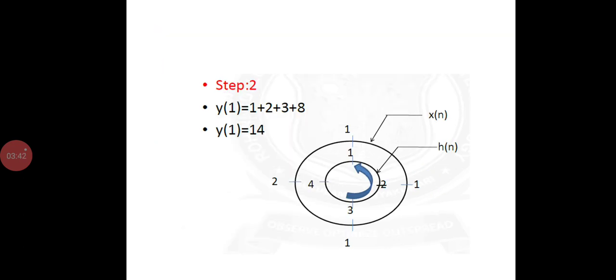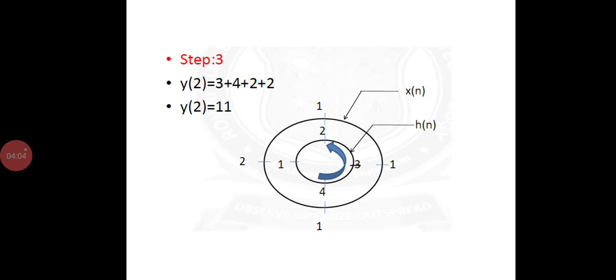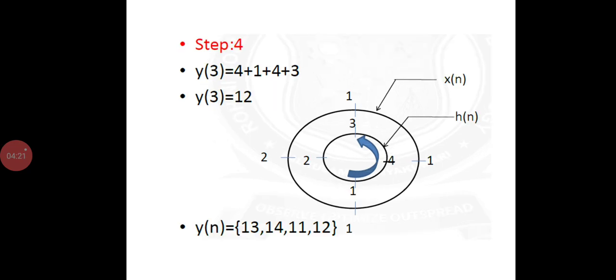In the second step, to find y of 1, we keep the outer sequence as such and shift the inner sequence by 1 unit in the anti-clockwise direction. Using the same procedure as in step 1, we multiply the sequences and find the value y of 1. Similarly, in the third step, we again rotate the inner circle once in the anti-clockwise direction and multiply to find y of 2.